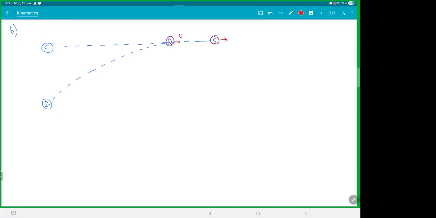Now, because both are going with the same speed, do you think the distance between them will ever decrease? If you're running forward and I'm running behind you with the same speed, the distance between us is fixed, right? So this is the final distance x, right? So the minimum distance will occur when the cat and the dog come on the same line. That's the idea. You need to figure it out.